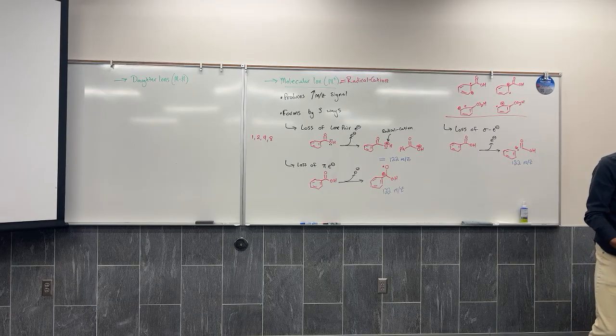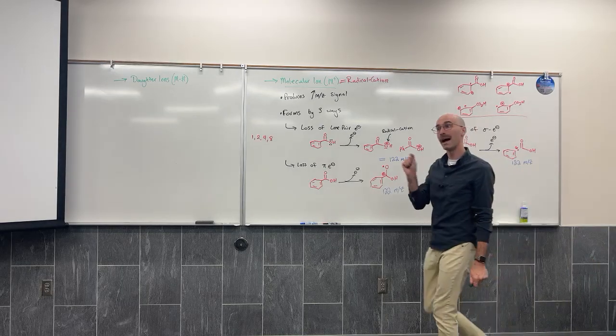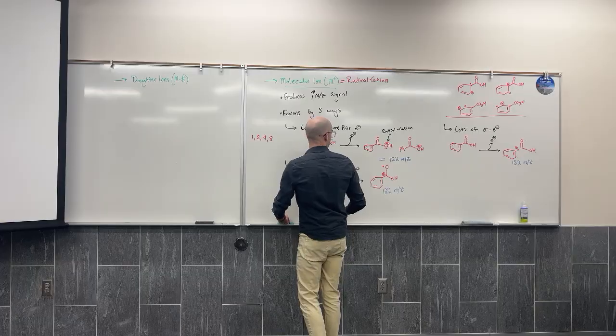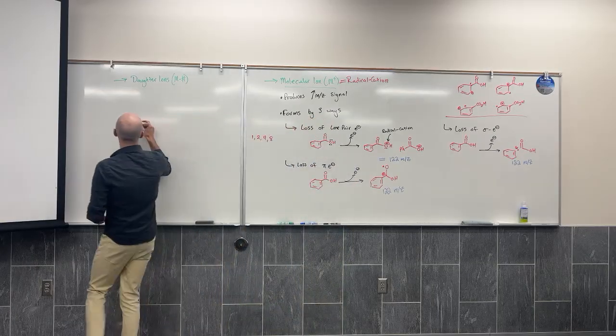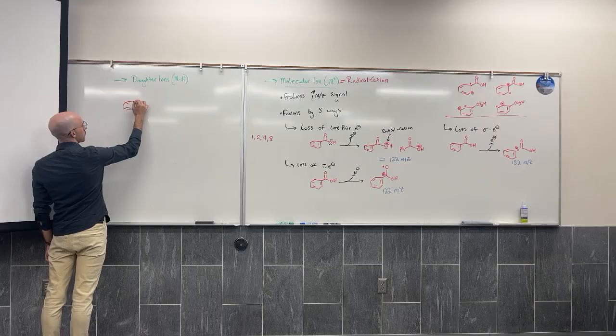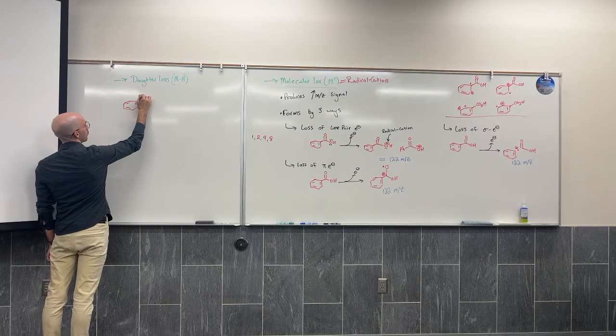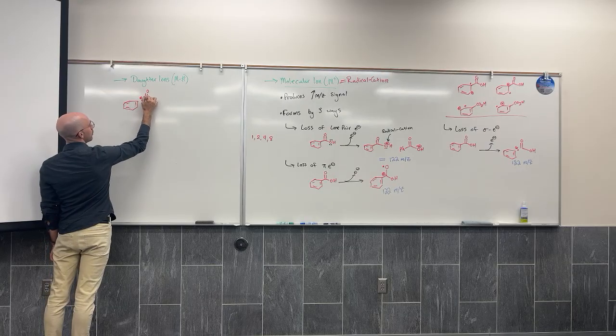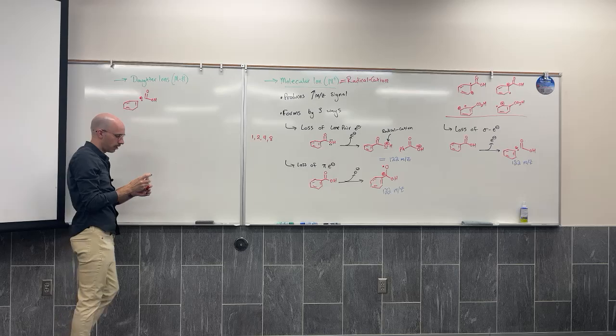Now, if we call the molecular ion M+, then we can refer to these daughter ions as M, the molecule, minus some number. And so I want to stick with this idea of benzoic acid in its totally stable sigma electron loss.